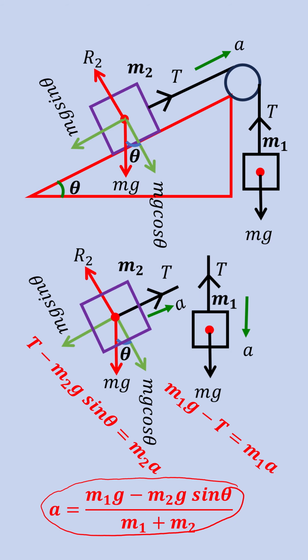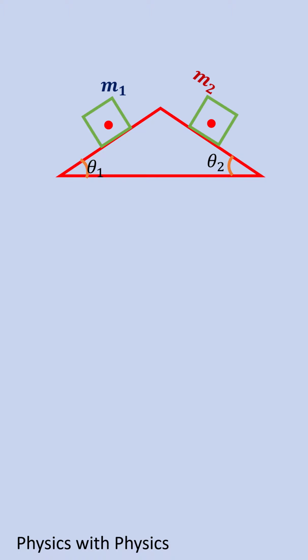Okay, there are inclined planes, inclined at angles theta 1 and theta 2. The masses M1 and M2 are kept on the inclined planes, and they are connected with a massless string that passes over a frictionless pulley.